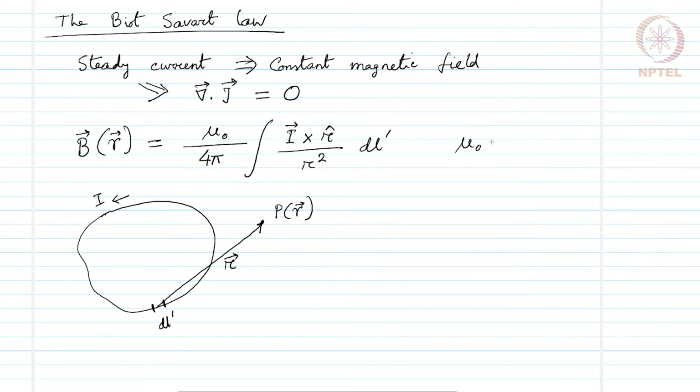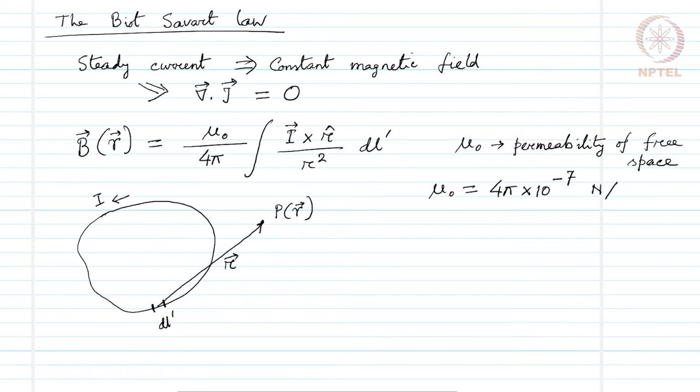mu naught is known as the permeability of free space, magnetic permeability of free space. The value of mu naught is 4 pi times 10 power minus 7 newton per ampere squared.